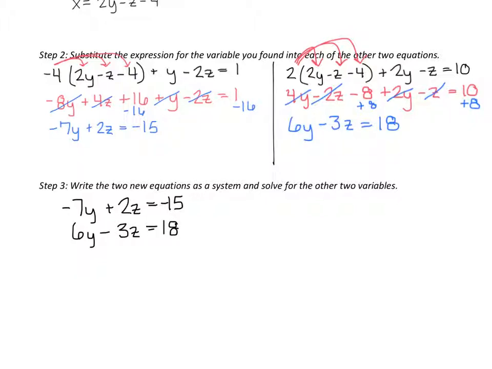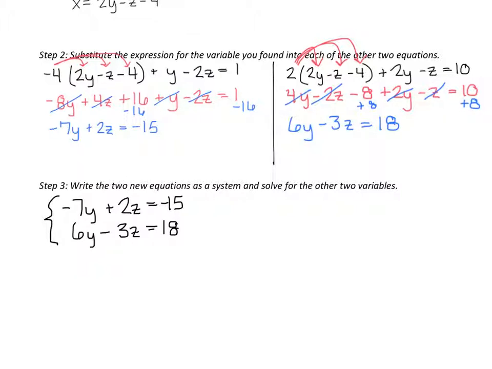All right, and that is a system, so it gets a nice, lovely brace. So really and truly at this point, you could take these two and either use substitution or elimination. Since we're on a substitution roll, why don't we use substitution?